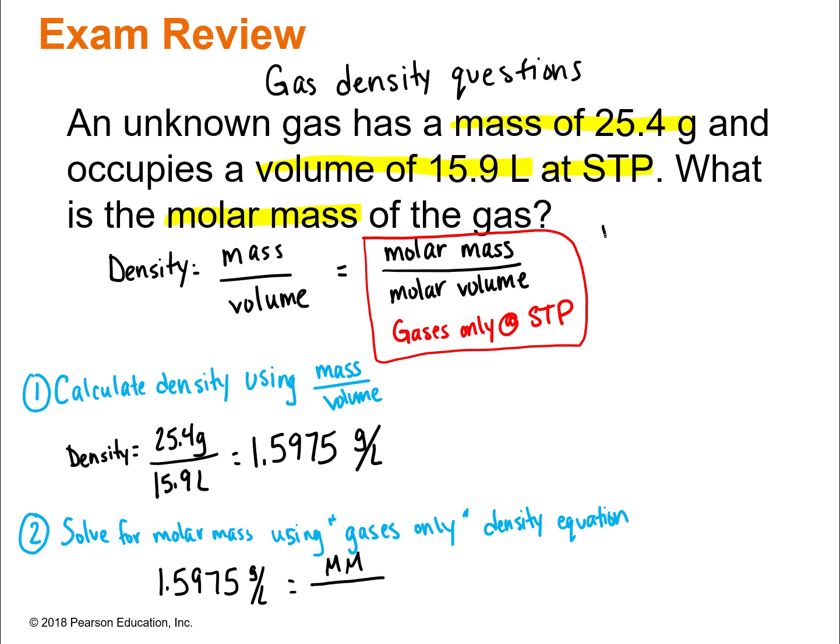And remember that molar volume is 22.4 liters. That's a definition that we talked about in Chapter 8. And when you solve, you multiply both sides by 22.4. And that is your molar mass.